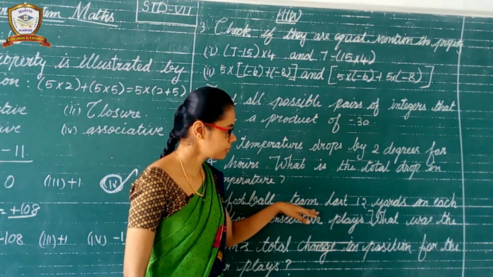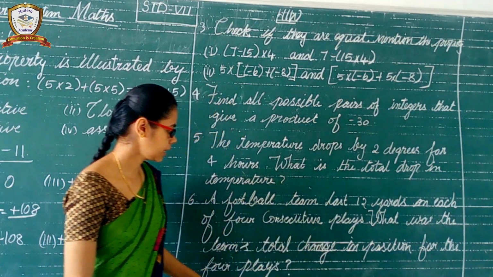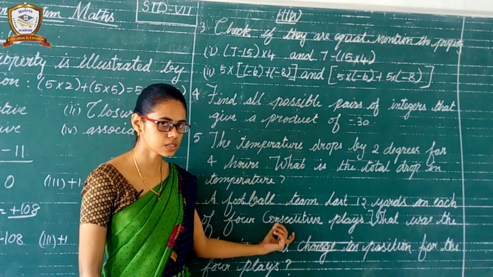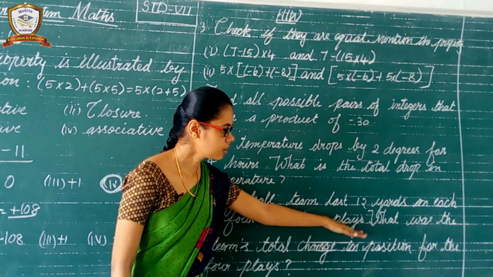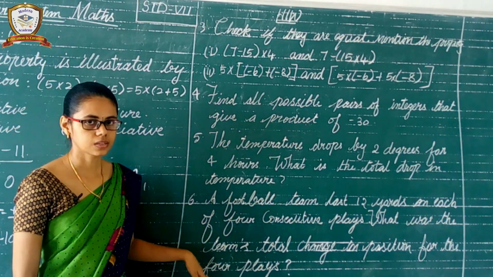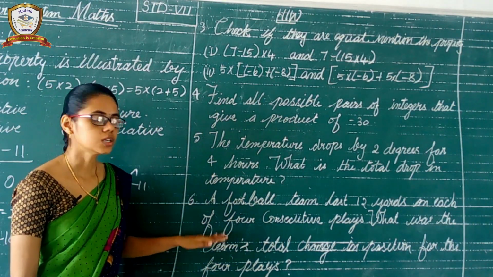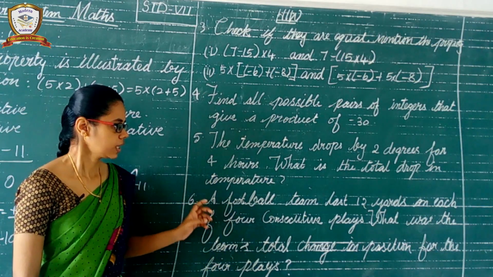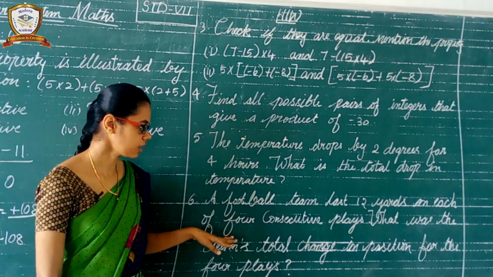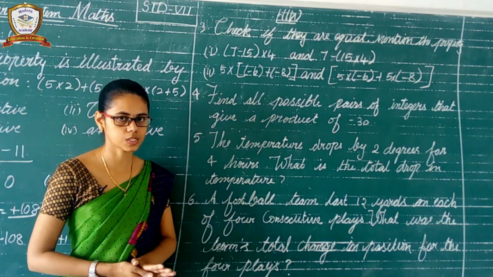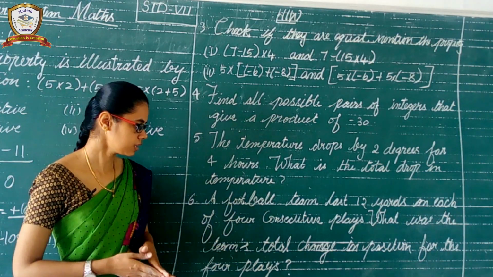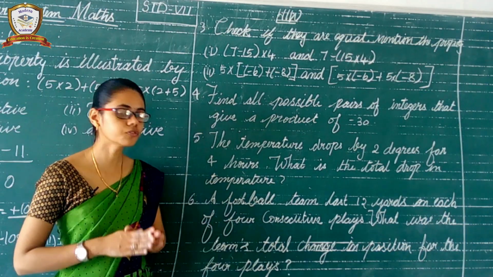If the football team lost 12 yards on each of 4 consecutive plays, what was the team's total change in position for the 4 plays? So we have to find the total. So the team lost 12 yards on each of 4 consecutive plays. So we have to find the total change in position for the 4 plays.